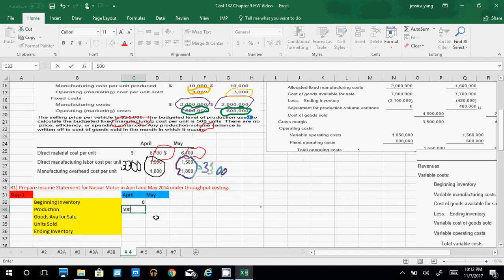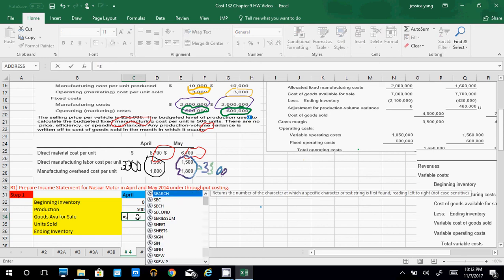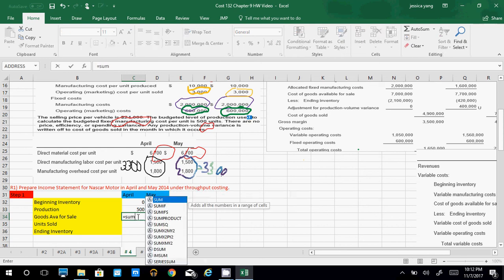Goods available for sale is found by adding beginning inventory of 0 units plus production of 500 units, which gives us a total of 500 units.